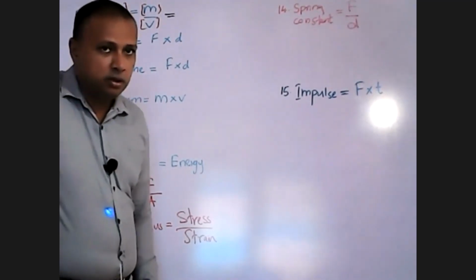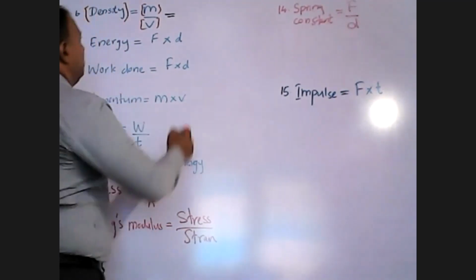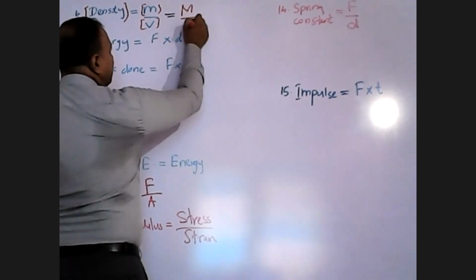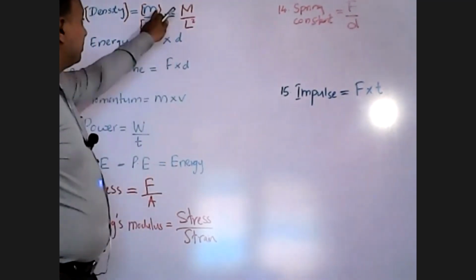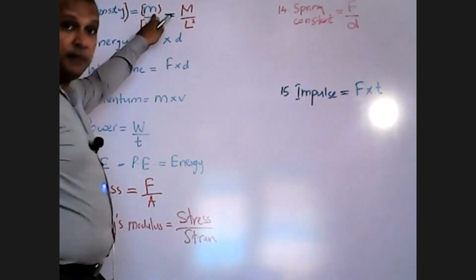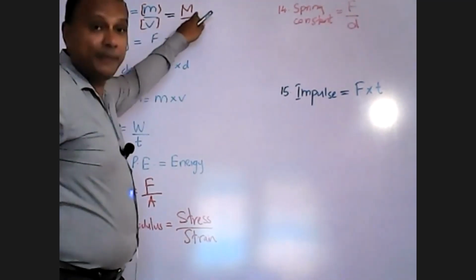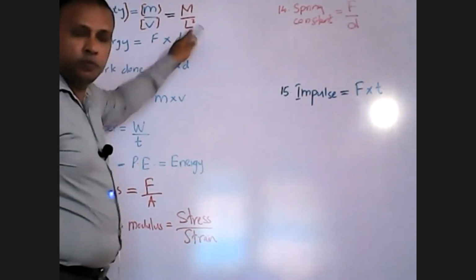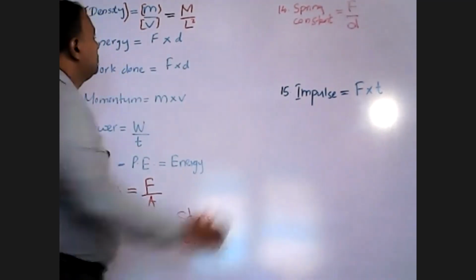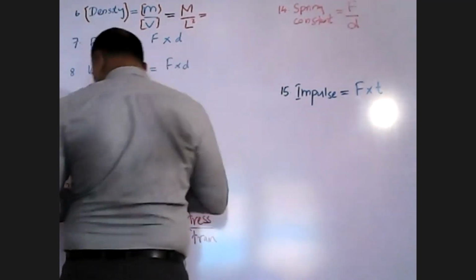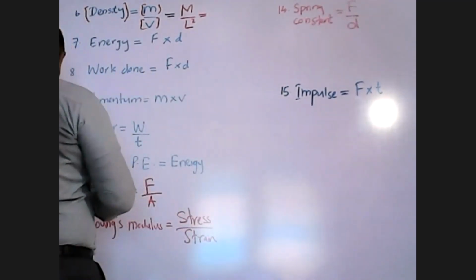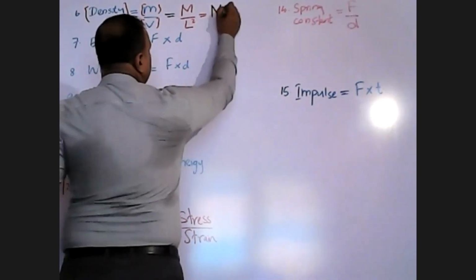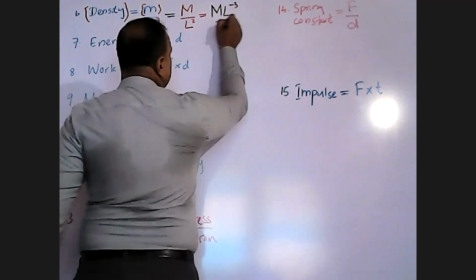ML minus 3. Very good. The dimension of M is capital M. The dimension of volume is L cubed, L to the power 3. So this is equal to ML minus 3.